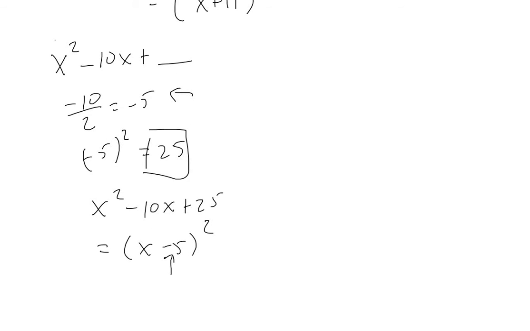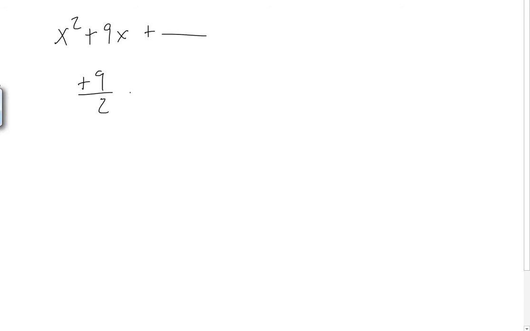The problem is, well, there are two problems. One, b may not always be divisible by 2. So if I had x squared plus 9x, then to complete the square, to find the number that should be added here to create a perfect square trinomial, I have to take positive 9 and divide it by 2.